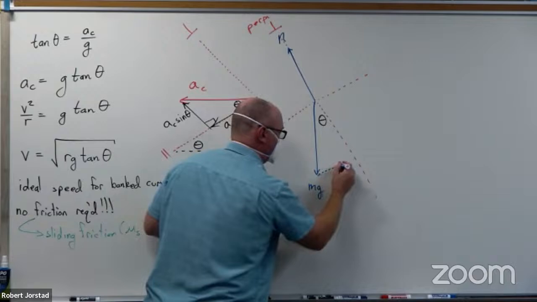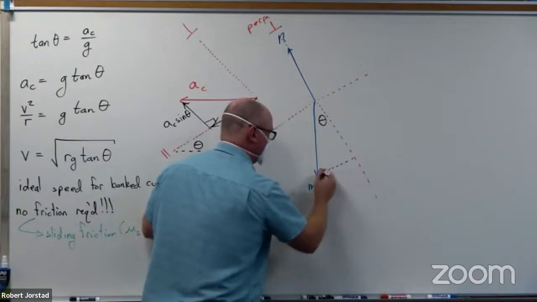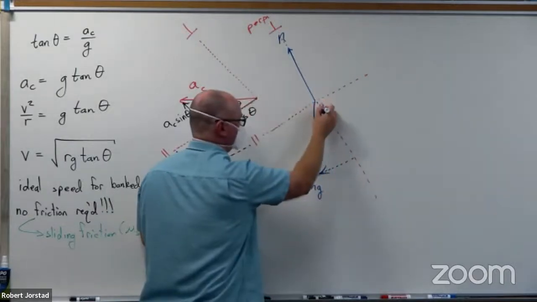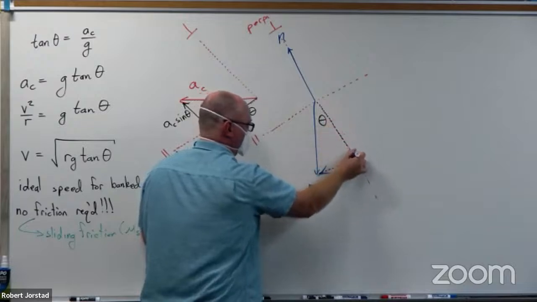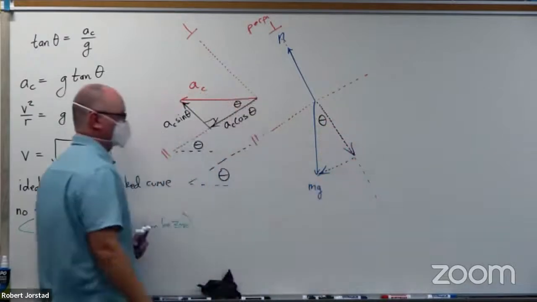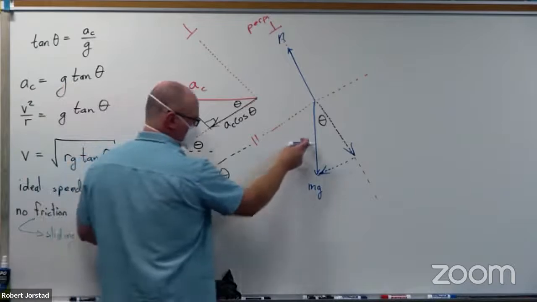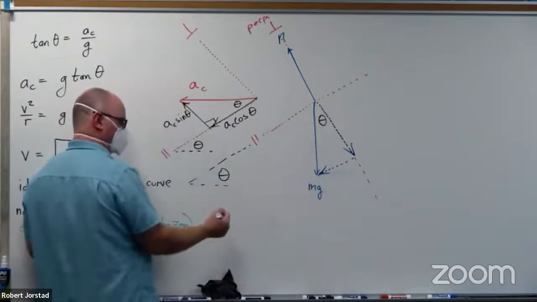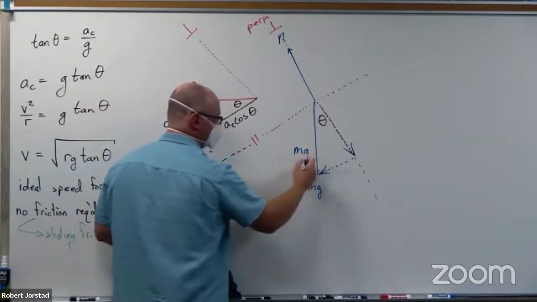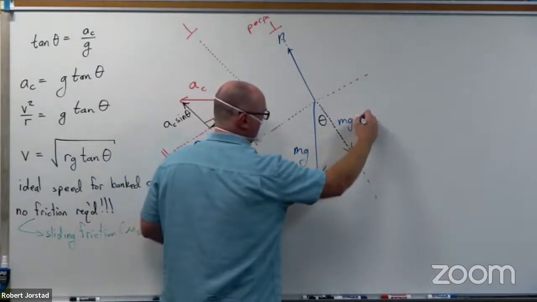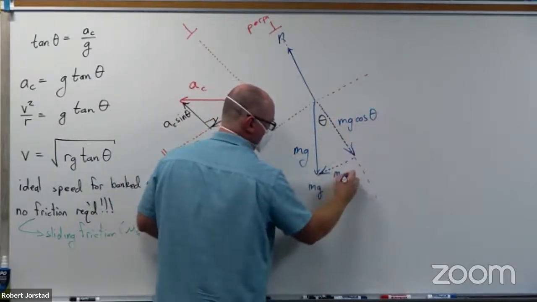Thank you. Well played. Okay, so the hypotenuse is the longest part of the triangle. The hypotenuse is the original vector mg. This is going to be mg cos. This is going to be mg sine.